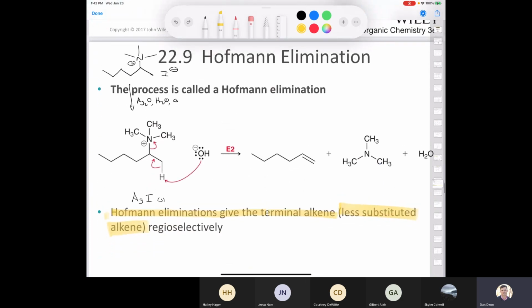And then we discussed the mechanism of the E2 elimination, which is not much of a surprise to us, but we have another beta hydrogen over here. Oops, I'll use my blue pen. And, you know, we always want to answer the question, why do we pull this proton off to make the Hofmann alkene as opposed to the blue proton off to make the Zaitsev alkene?